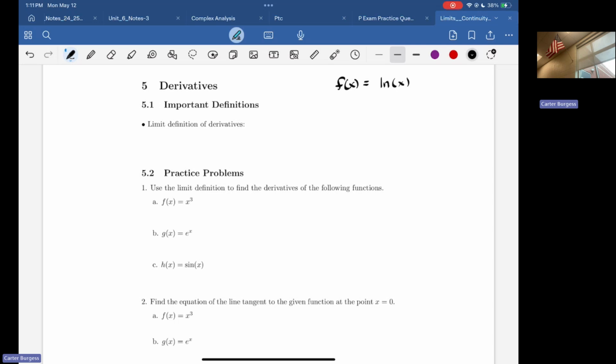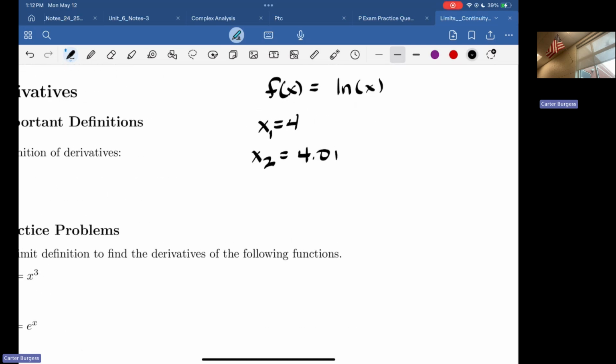A really nice way to do this would be to let x1, our starting value, be 4. And then what would a good value for x2 be if I'm really trying to pin down what's going on at 4? 4.01.